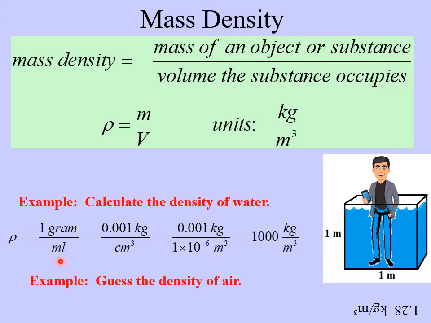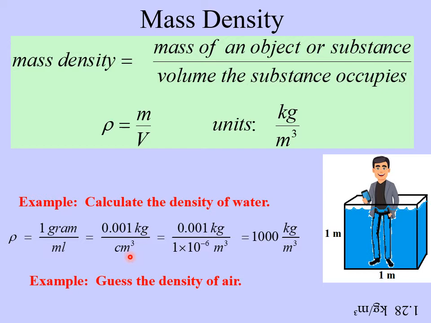Now, we can do a little more with this to get some sense of this number. Remember that 1 gram is 1,000th of a kilogram, since we typically measure mass in kilograms in this course. A milliliter is the same as a cubic centimeter. That's a volume about the size of a sugar cube.